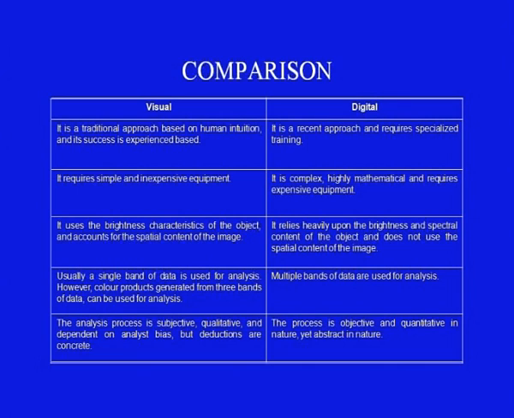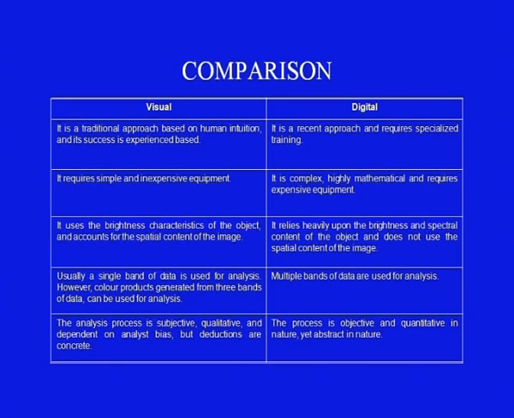So let us look at, first of all, the comparison between visual interpretation and digital interpretation. Visual interpretation is a traditional approach based on human intuition, and its success is experience based, whereas digital is a recent approach and requires specialized training.